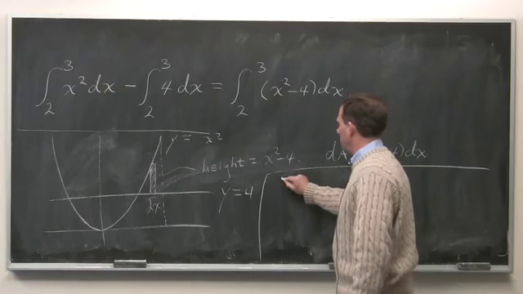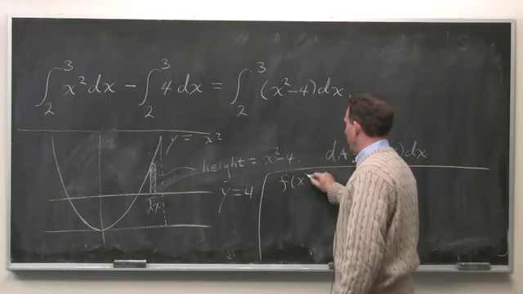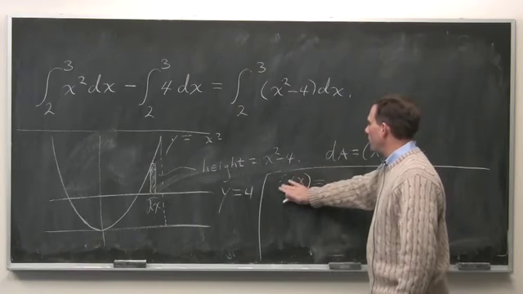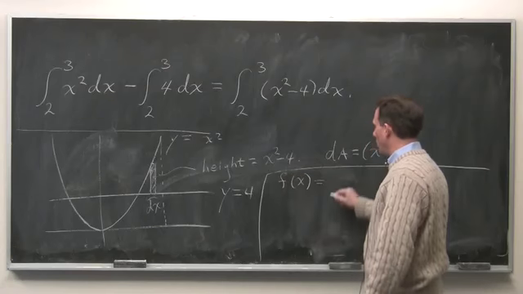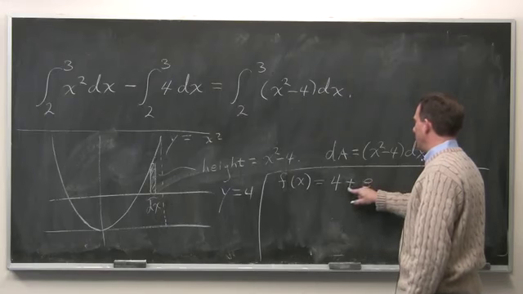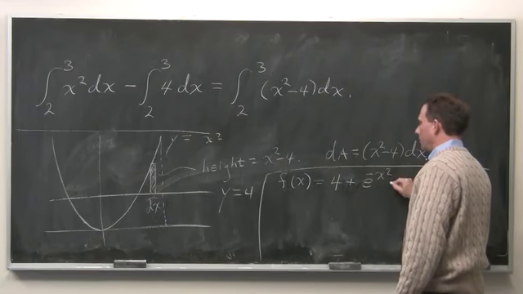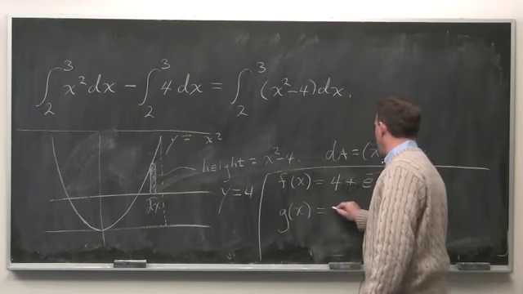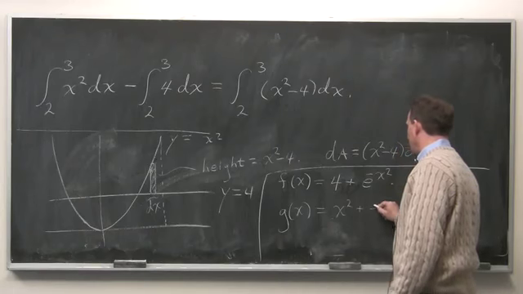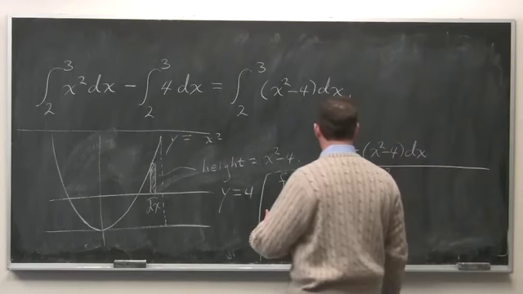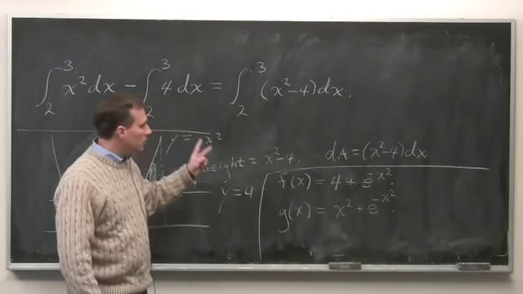We could have let f of x be, maybe one of our functions is, instead of 4, it's 4 plus e to the negative x squared. And instead of x squared, we had x squared plus e to the minus x squared. And you want to find the area in between these two curves.